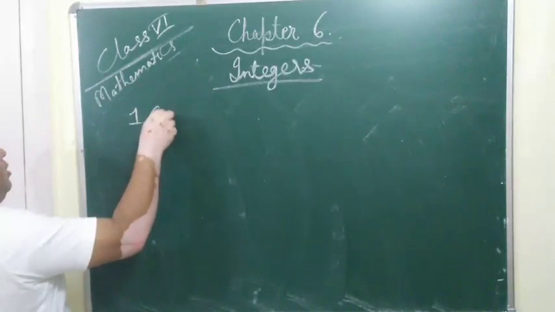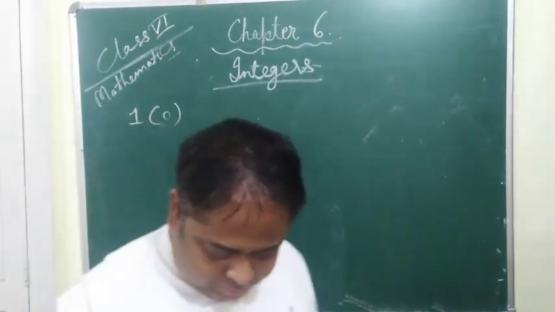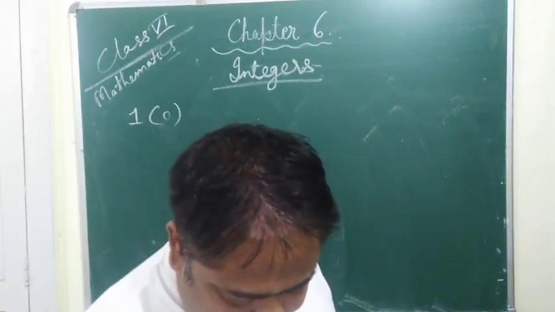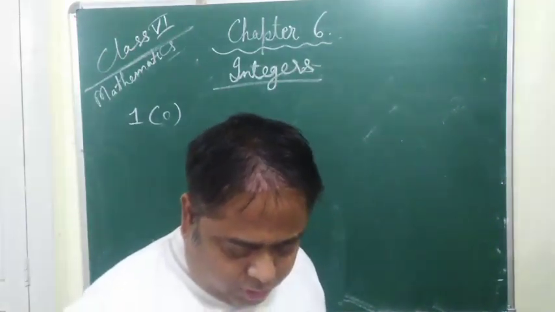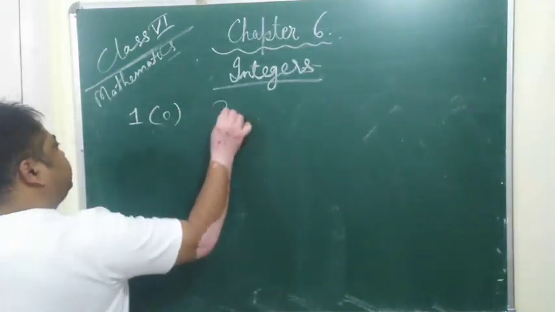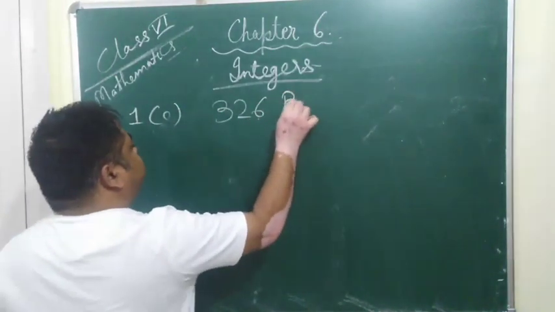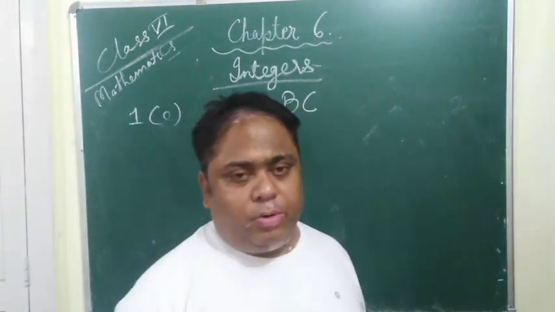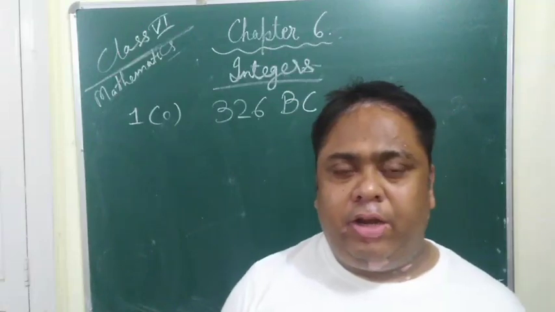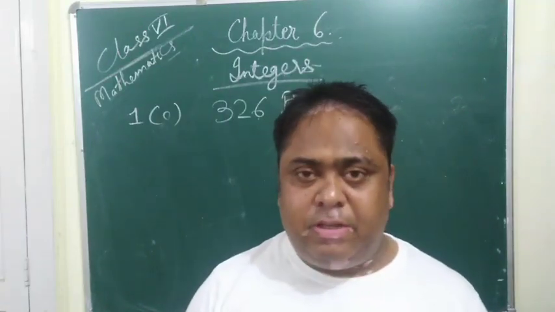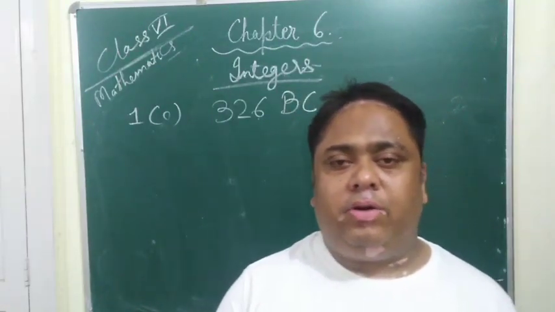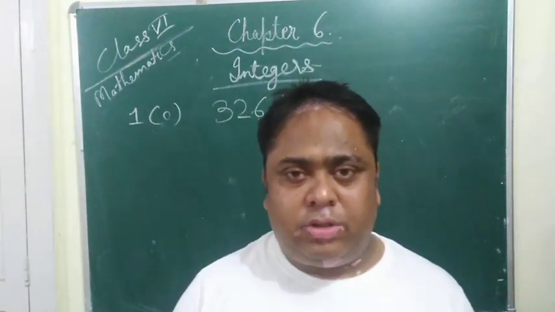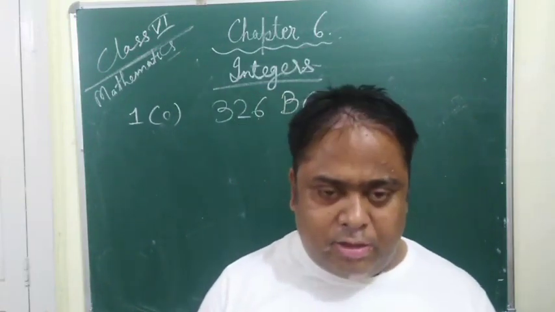Question number 1C. 326 BC. Alright, so I do not know whether you know about BC and AD or not. BC means before Christ. The year on which Jesus Christ was born, according to the Christian calendar, is considered to be the first year.